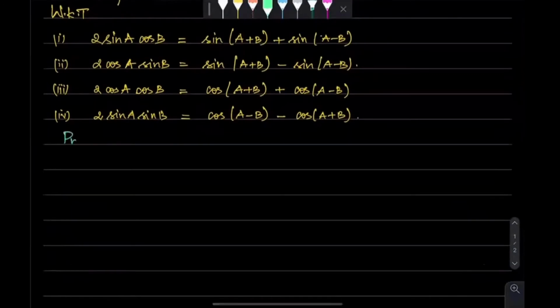If you take A plus B as C, and A minus B as D, what do I get as A from this? You simplify this too. What do you get as A?